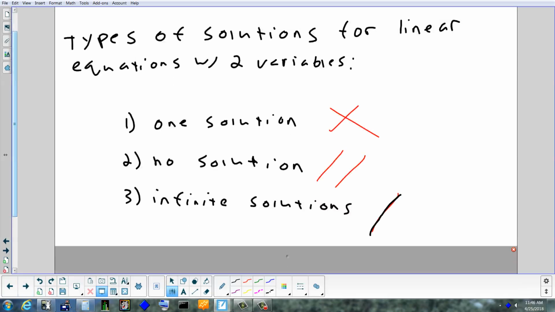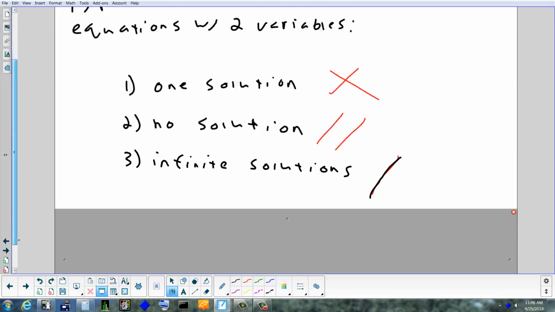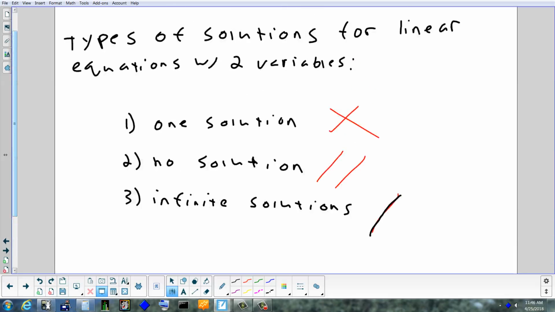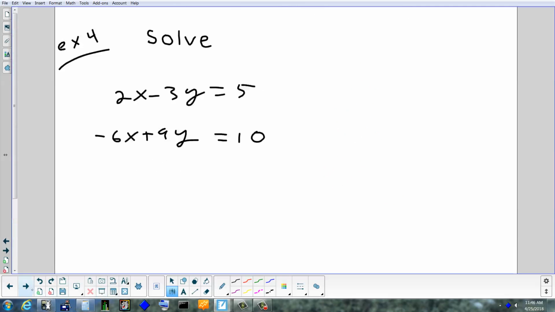Those are the 3 things that can happen when you're solving a system. I usually mention what would happen if you draw 2 lines, because that kind of jogs people's memory of the 3 things that can happen. They cross, parallel, same line. Okay, so keep those three ideas in mind.